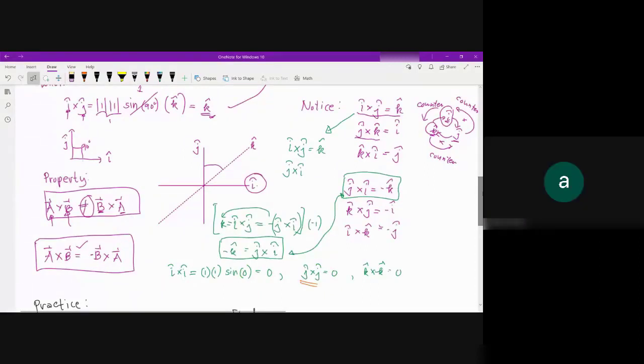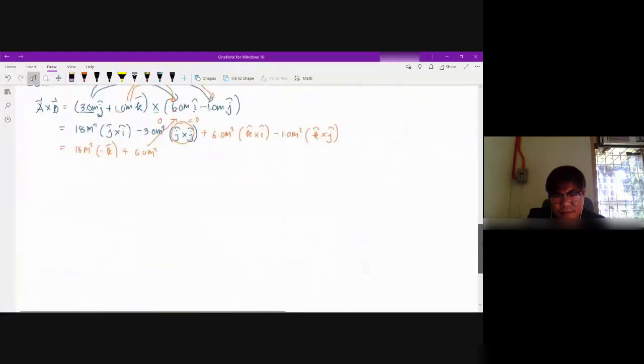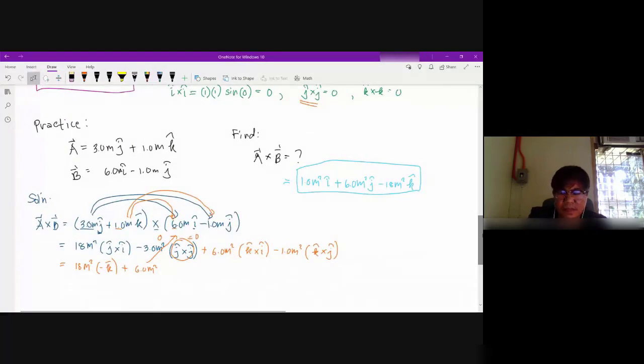Positive j hat, sir. Okay, so that's positive j hat. Look at this one here. So that's positive j hat. Be careful, class, because if the answer were negative, the sign would be wrong. Okay?